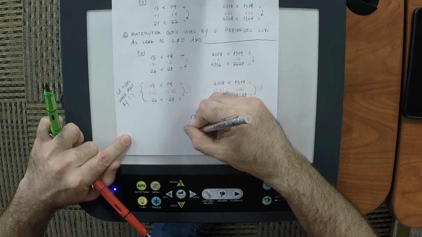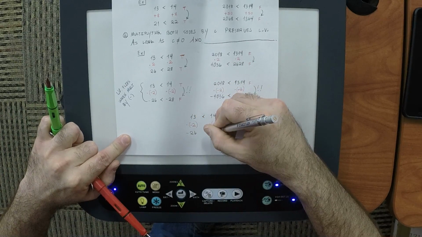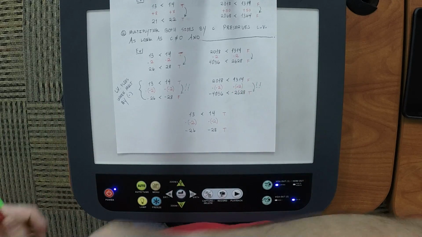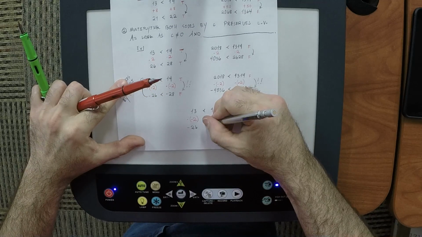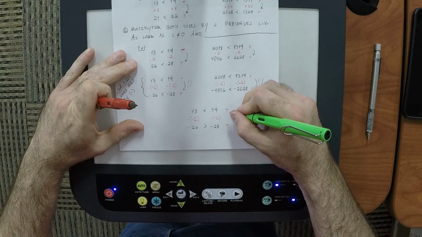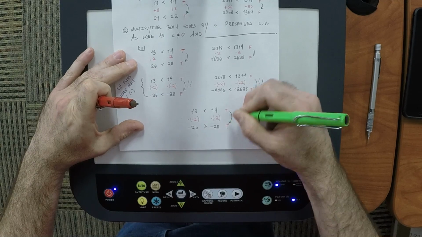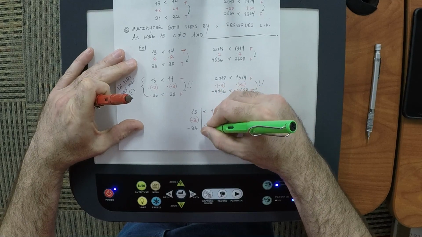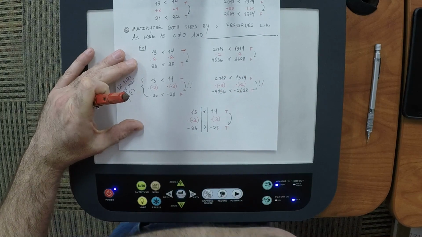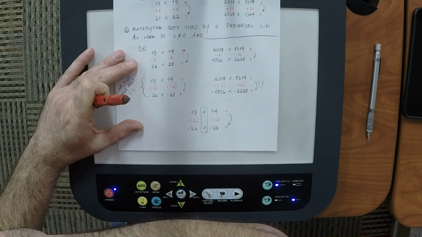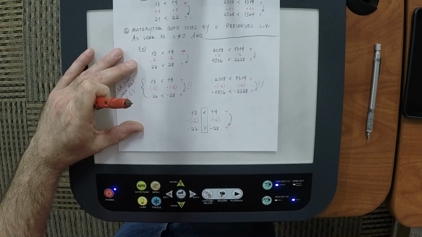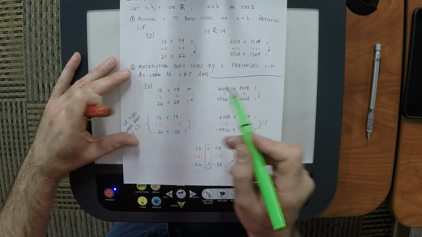The left-hand side is still negative 26. The right-hand side is still negative 28. But to make it true now, what do you do? You flip the inequality. So what I want you to see is that now the inequality is preserved, but there's a cost, or something that goes with it. Notice that the direction of the inequality flipped. Okay, so what's the additional rule?